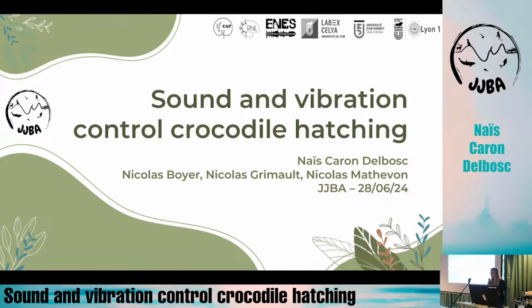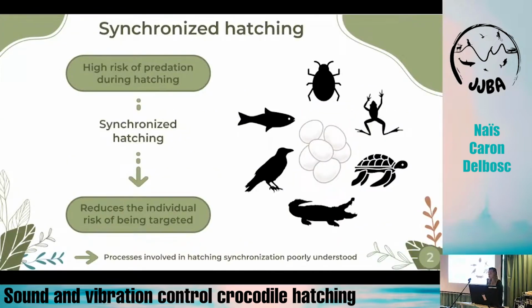So I'm in the last year of my thesis on the perception of sound and vibration in crocodiles generally, but today I will present how sound and vibration control crocodile hatching. So the birth of a baby or the hatching of an egg are moments when the risk of predation is particularly high, especially in oviparous species where clutches contain many eggs.